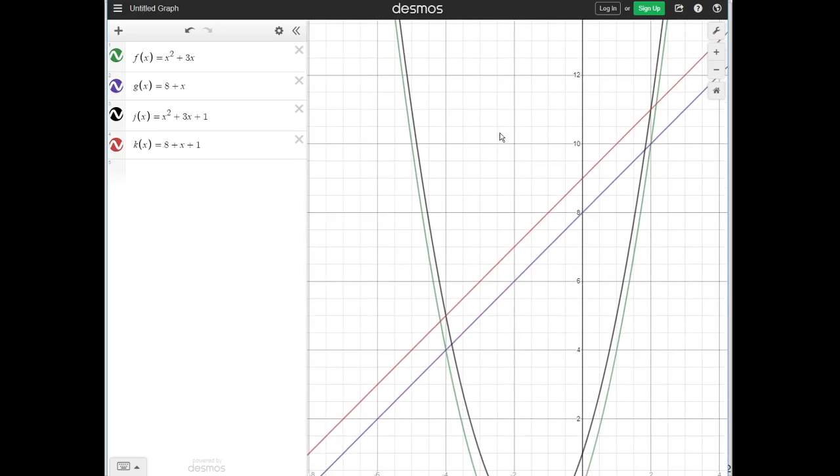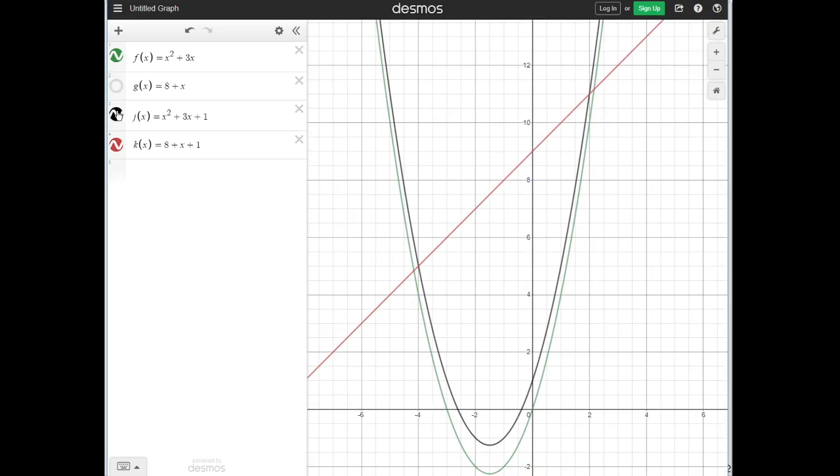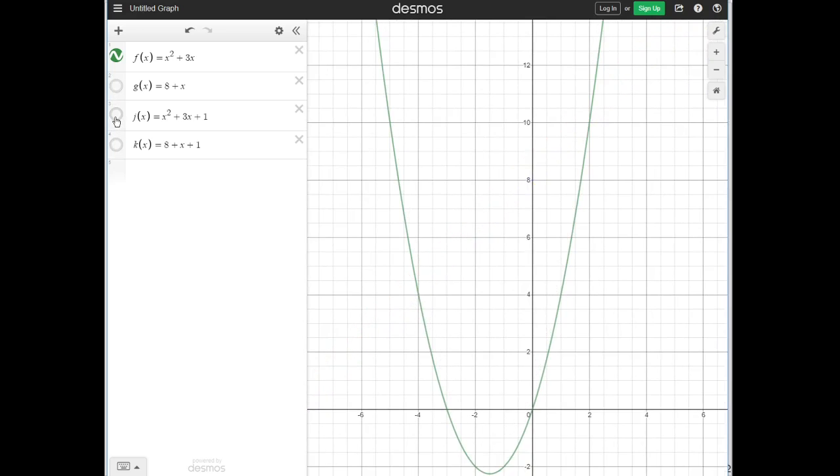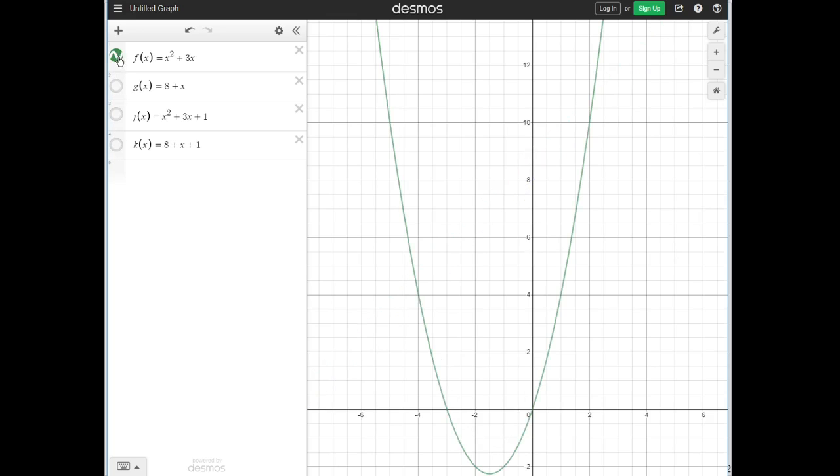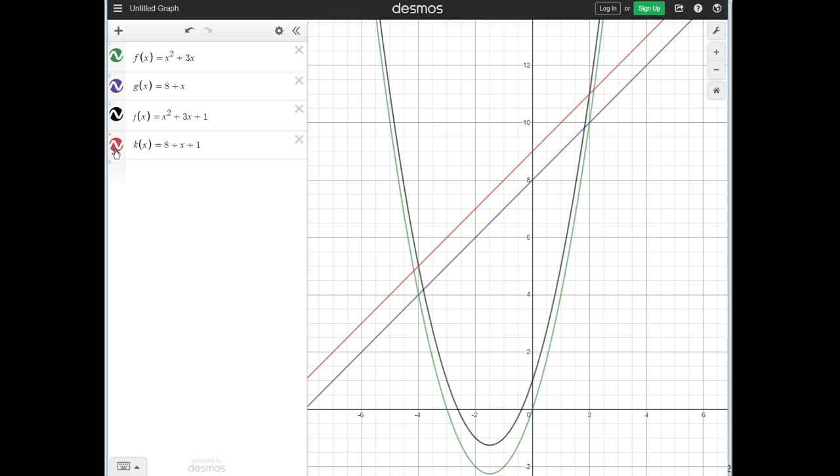So those still happen. But the other thing to really note here, perhaps turning these off will help, is there's f and there's j. So this is just 1 unit higher. Similarly, here's g, and then here's k, which is drawn 1 unit higher. So it's just taking the pictures that we had in green and purple, and if we raise each of these up by 1 unit, you'll get what's in black and red.